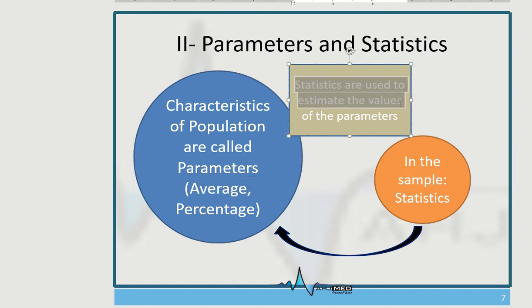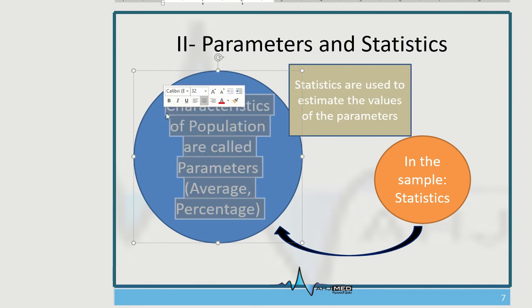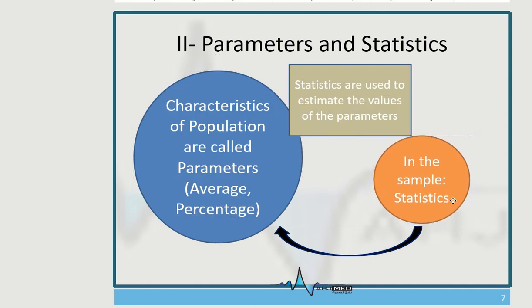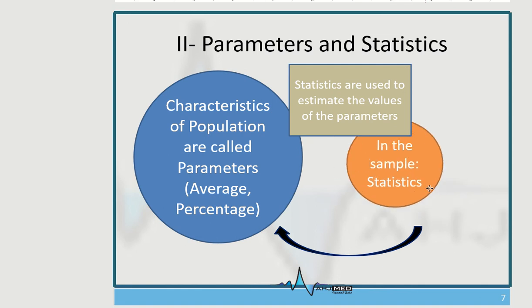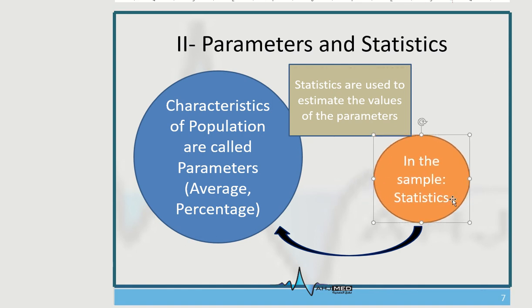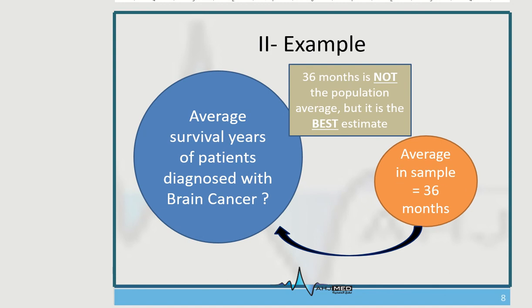Statistics are used to estimate the values of the parameters. If I ask you what the real value is, the real value is the value of the population. Whereas the values in the sample are just estimations of the values in the population.